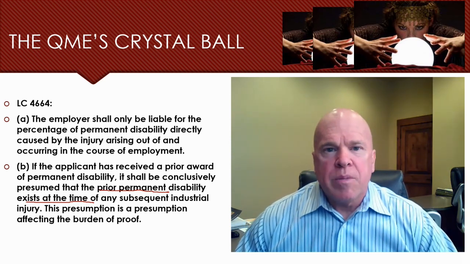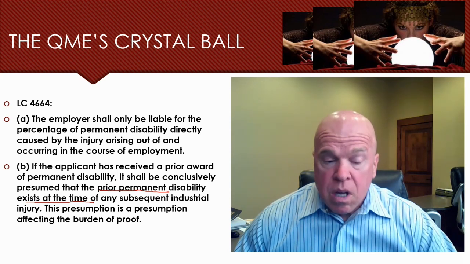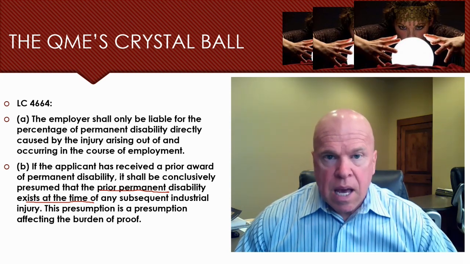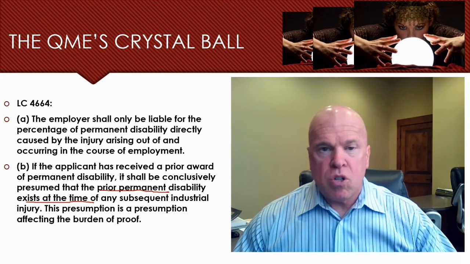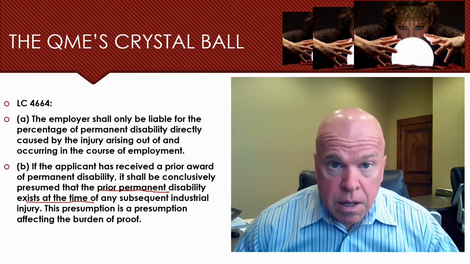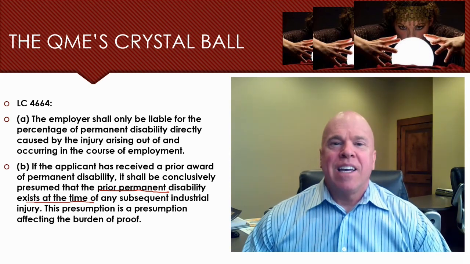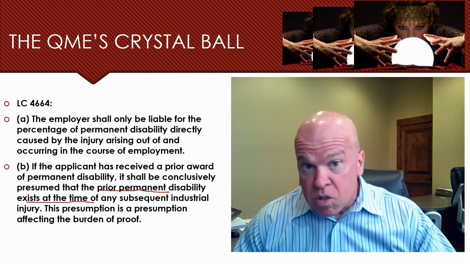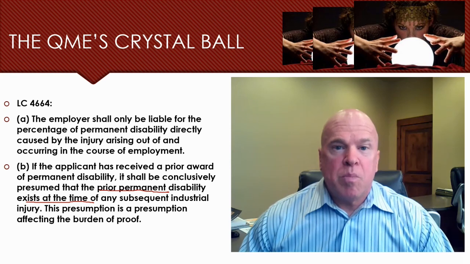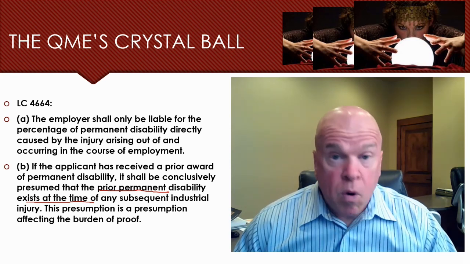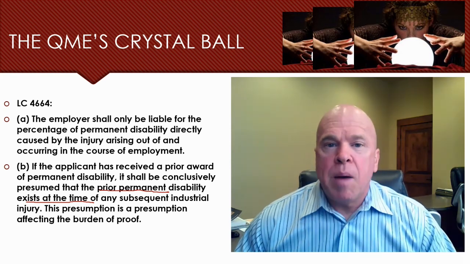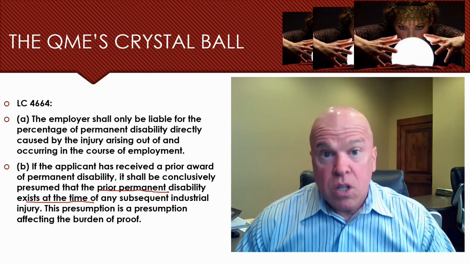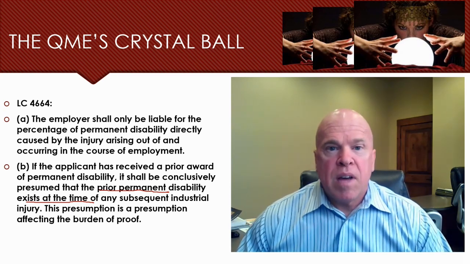Well, it means that if the examinee had a prior permanent disability associated with pain, then the pain exists and persists at the time of the subsequent industrial injury, and it exists and persists into perpetuity, forever, including the time at which this examinee comes to see you for the qualified medical evaluation.